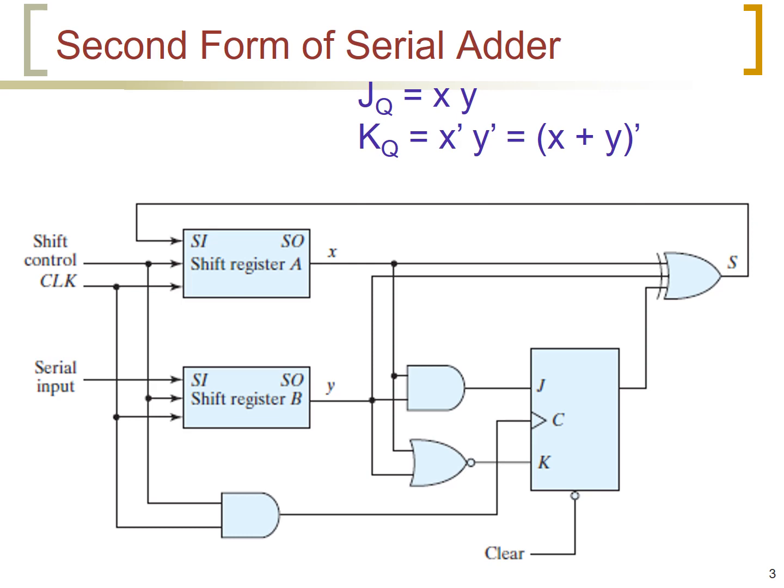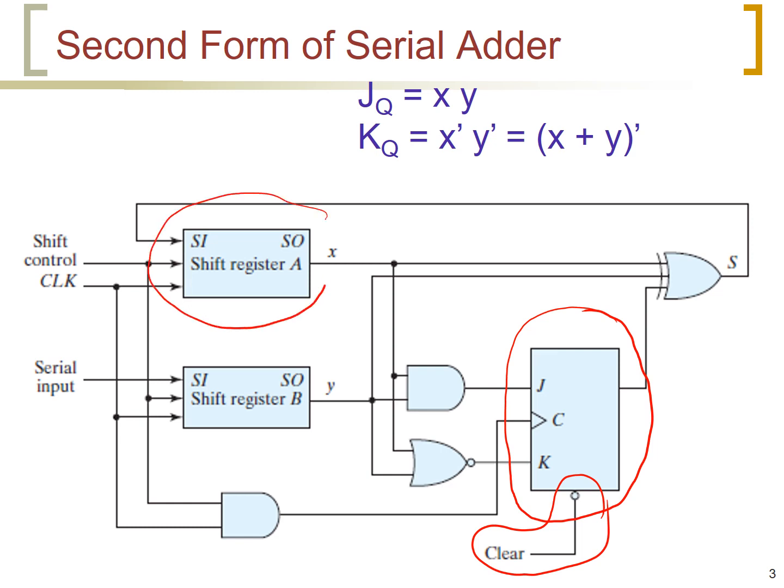Having done this, it is now straightforward to draw the circuit because we start with drawing a JK flip-flop here. And this is the clear input, which we again discussed earlier. And we write down here the shift registers A and B as we have taken earlier exactly.